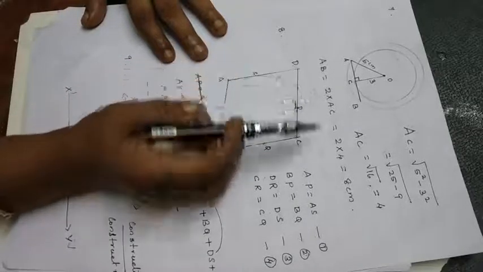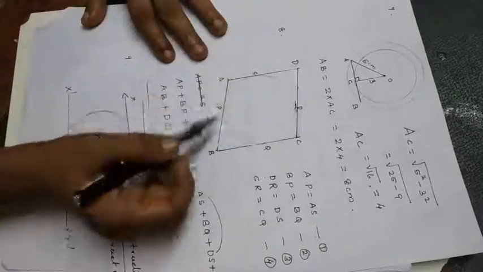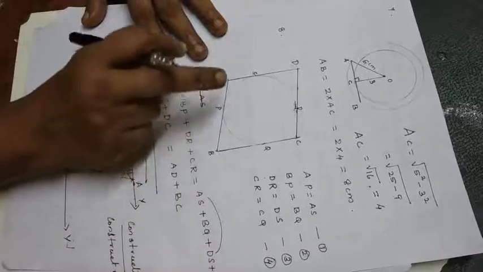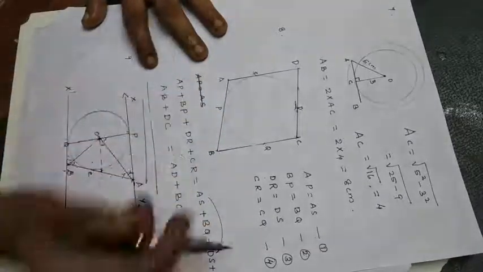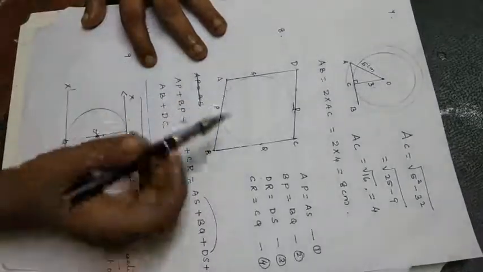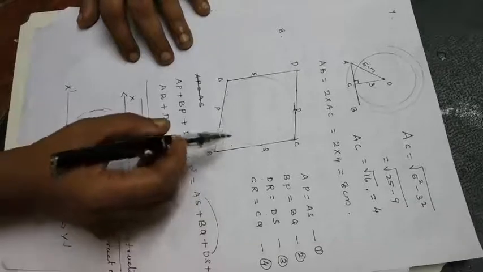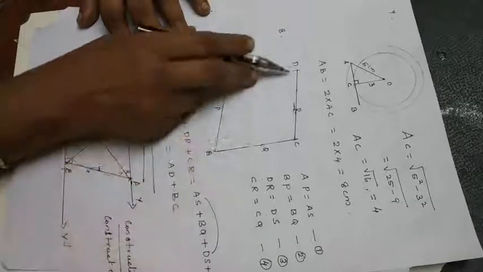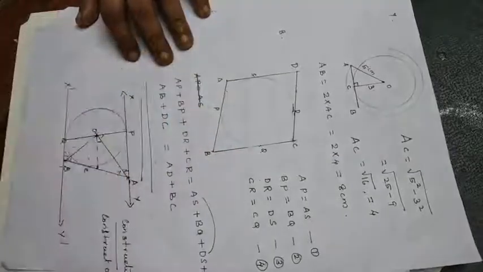Okay. Now after that you have to apply the properties of a parallelogram. So the figure is the same as the figure of the eighth one. A little bit like this one, that rhombus like that you have to draw.